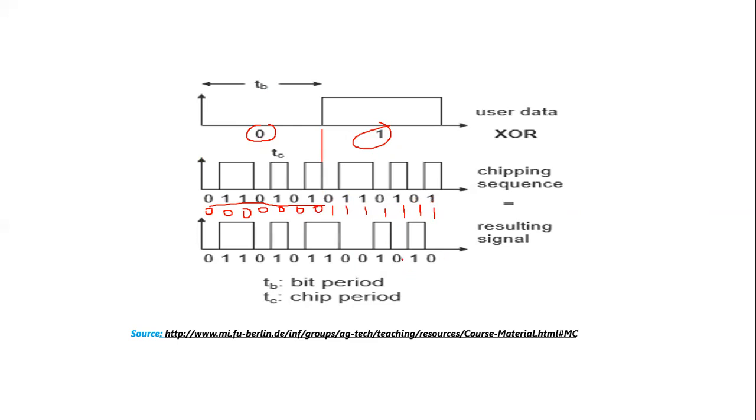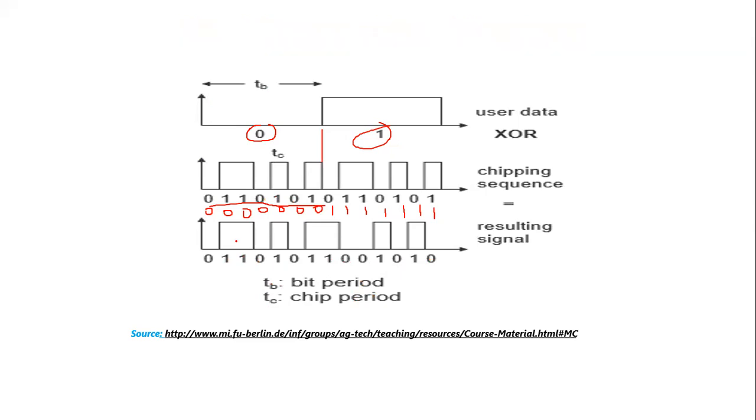This is the resulting signal: 0 1 1 0 1 0 1 1 0 0 1 0 1 0. This signal is spread, and here the spreading factor is 7. This spread signal will be transmitted.